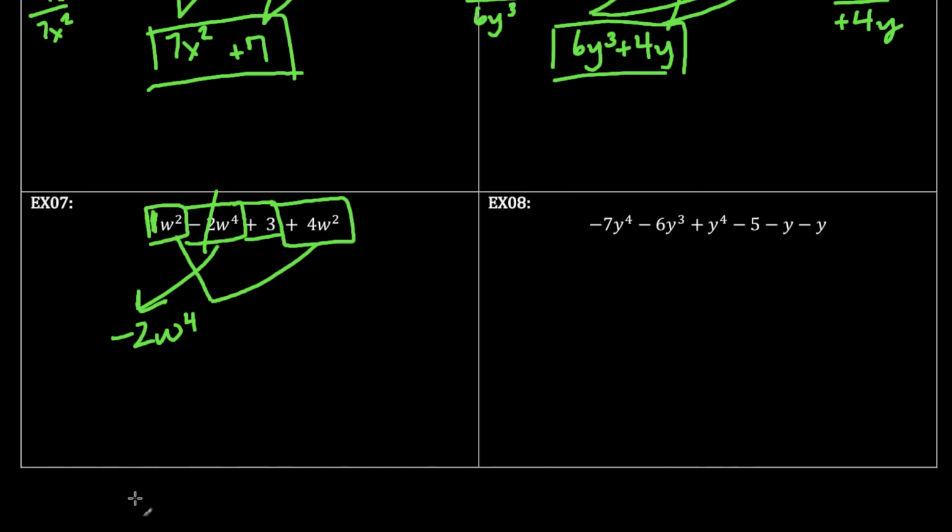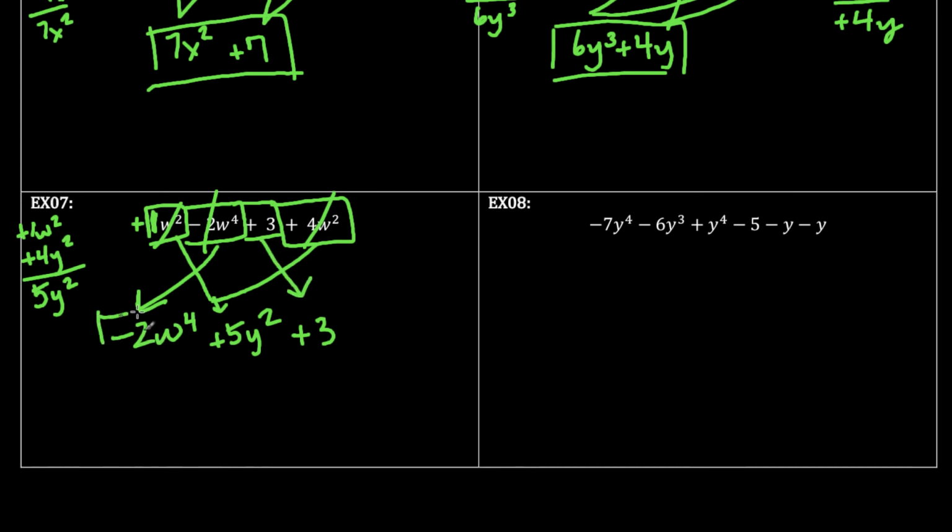Remember to write this 1 if you need it. 1w squared plus 4w squared gives me positive 5w squared. And lastly, we end up with this positive 3, so plus 3, because there are no more constants, it's just all alone.